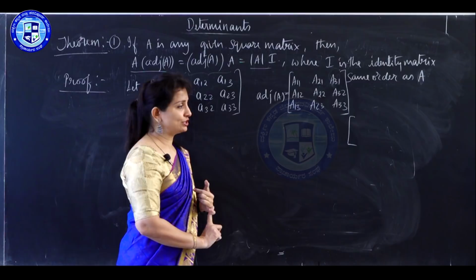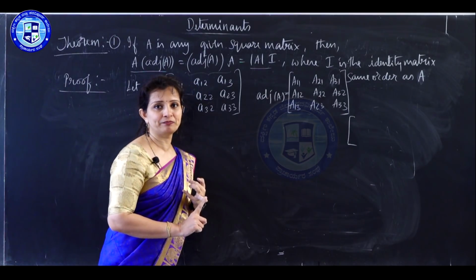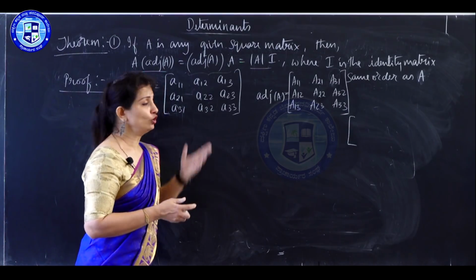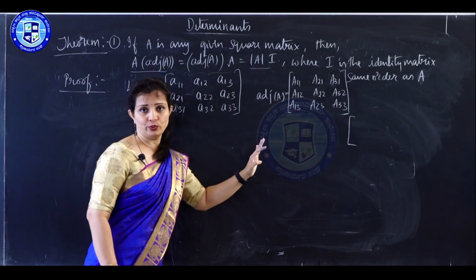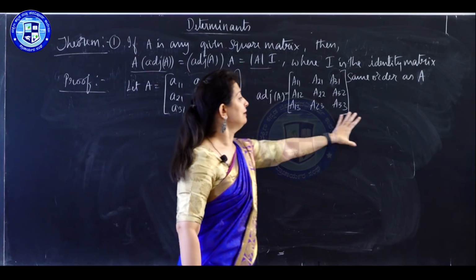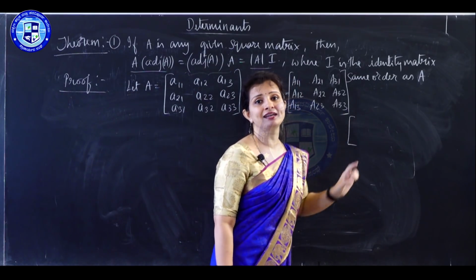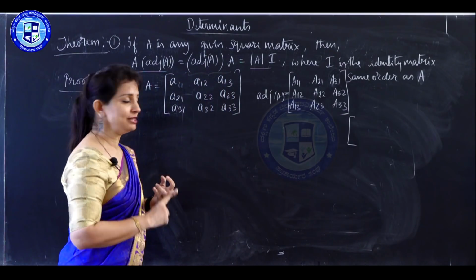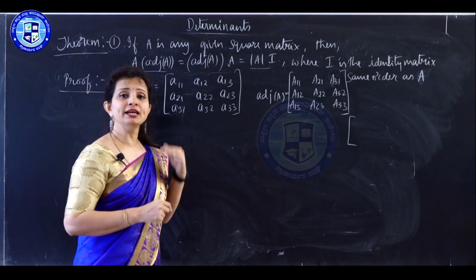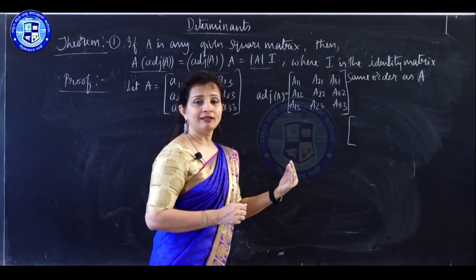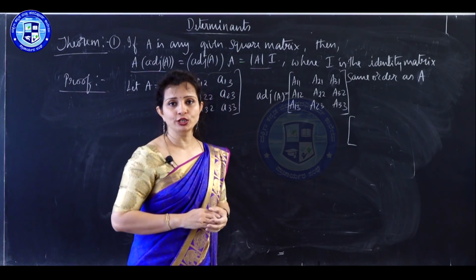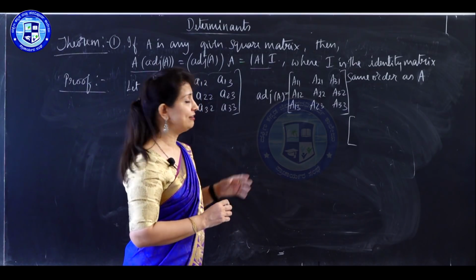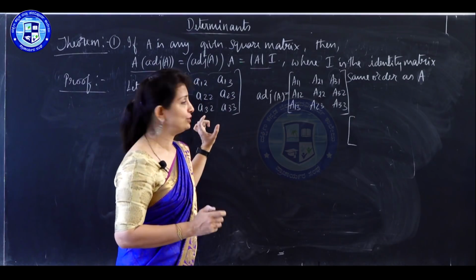And that is the first conclusion. The second conclusion states that if each element of any row is multiplied with the cofactor of any other row, then the sum is equal to 0. So, the sum of the products of each element of any row or column with the cofactors of any other row or column is equal to 0. Using that conclusion, we are going to solve this.